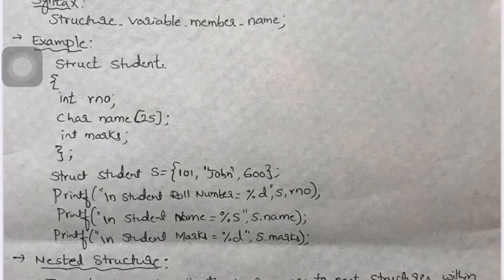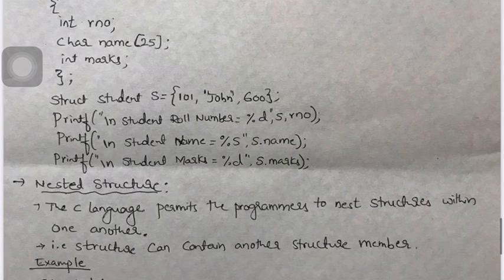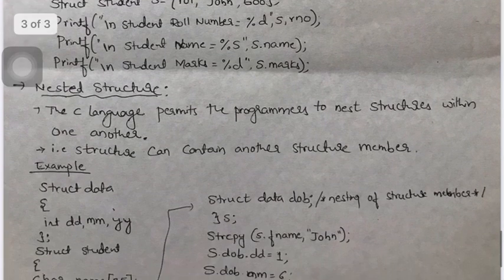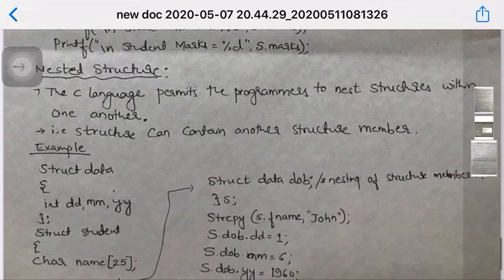Then marks is again an individual member, accessed using the s dot operator. Using the printf statement we are printing the roll number, name and marks on the screen. Then we move on to the next topic, that is nested structure.